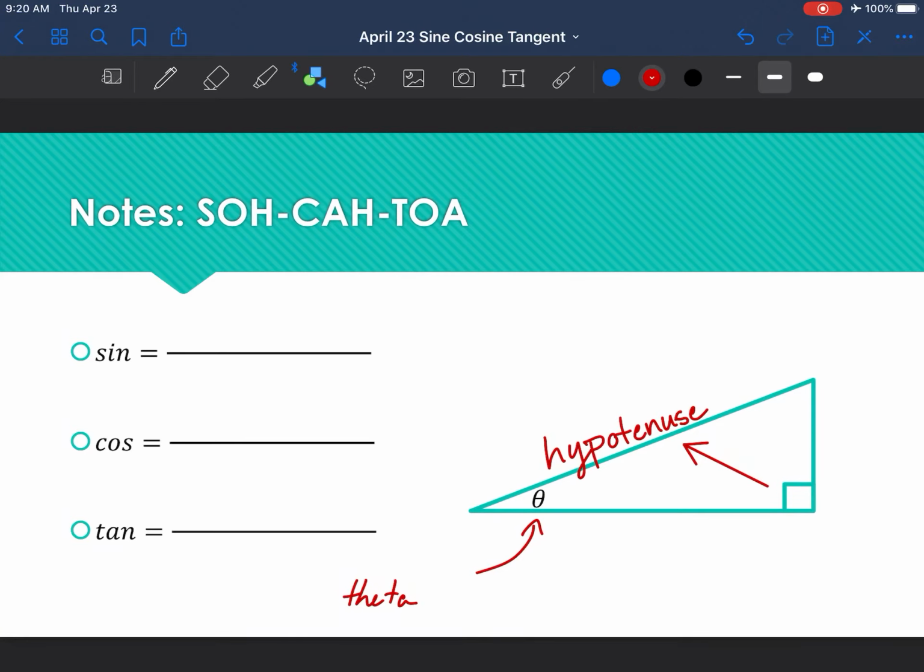Then, looking at this angle theta, you have opposite and adjacent sides. What does opposite mean in terms of sides? Opposite just means across from. If I'm looking at this symbol here, which side is across from that symbol? It has to be this side all the way over here. That is your opposite side.